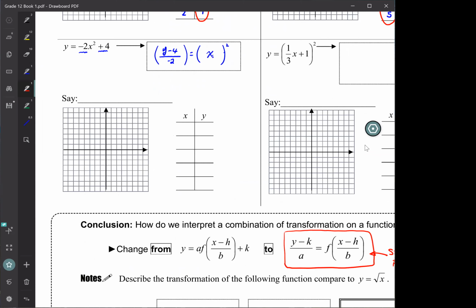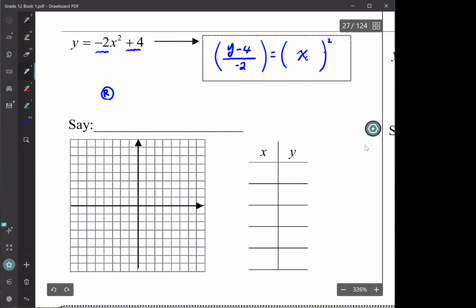We go in order. The first one is talking about the R. So R, do we have any reflection? Trudy, do we have reflection here? Sorry, for some reason I can't hear you very well on my computer.